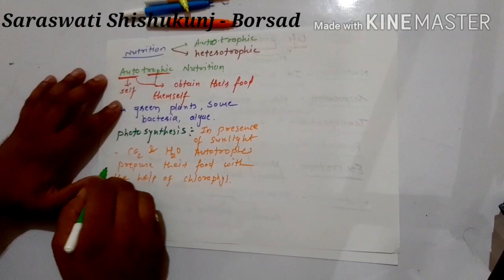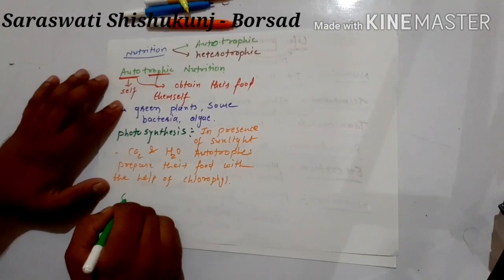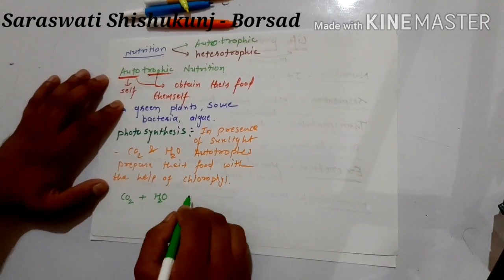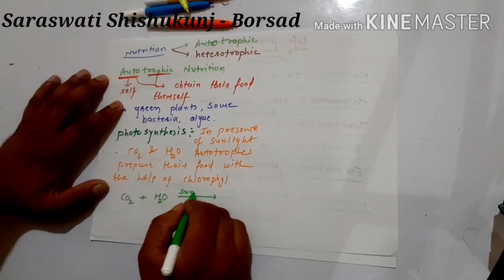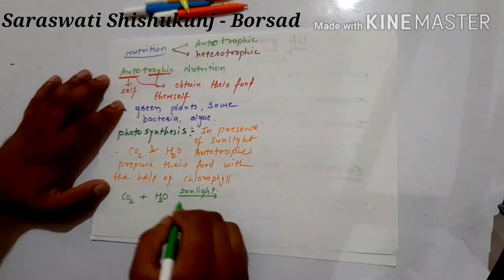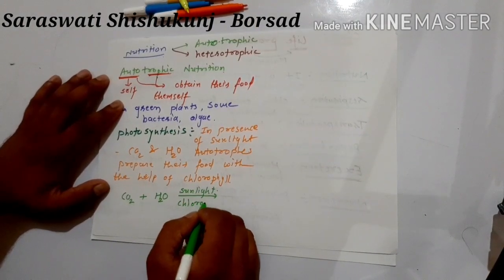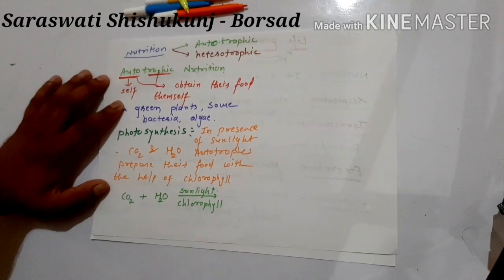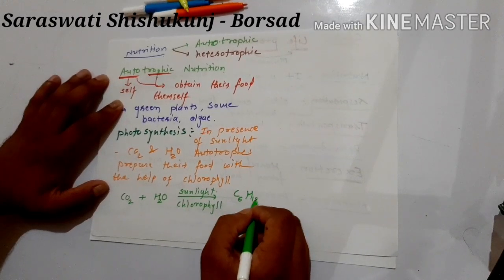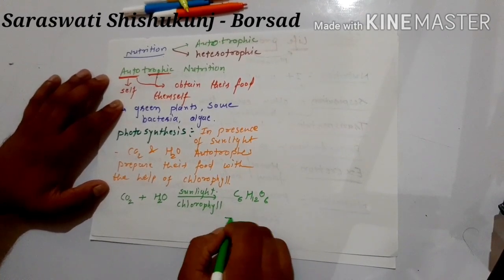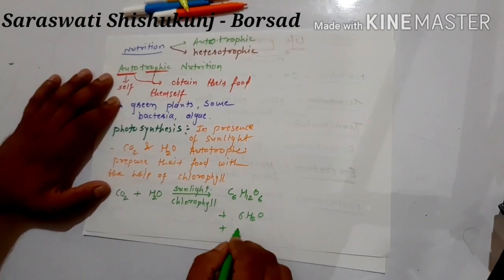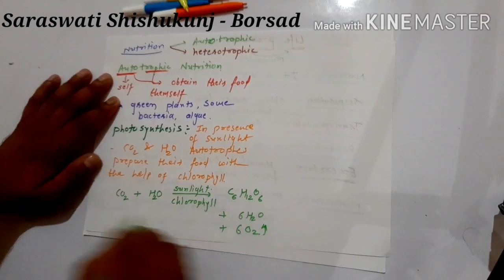During this process of photosynthesis, as we discussed, carbon dioxide plus water is used in presence of sunlight, and by using chlorophyll which is present in plants, they prepare C6H12O6, that is glucose, plus 6H2O plus 6 moles of oxygen gas.